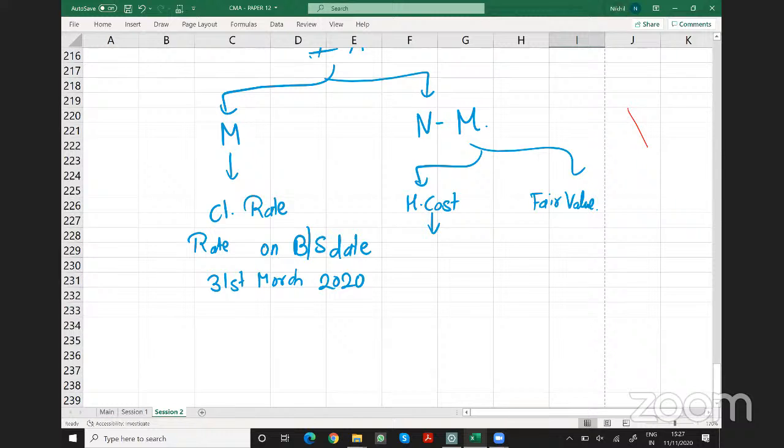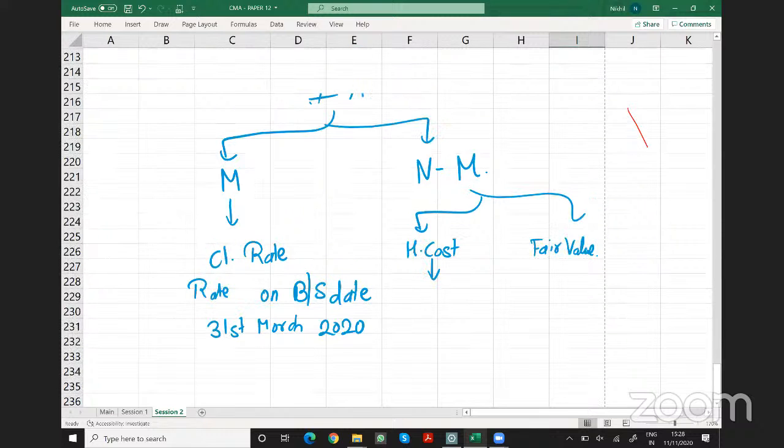Take an example of iPhone. If iPhone is my fixed asset, and I purchased my iPhone on 1st of May. The rate was $1 equals 70 rupees. On 31st of March 2020, the rate is 71 rupees.